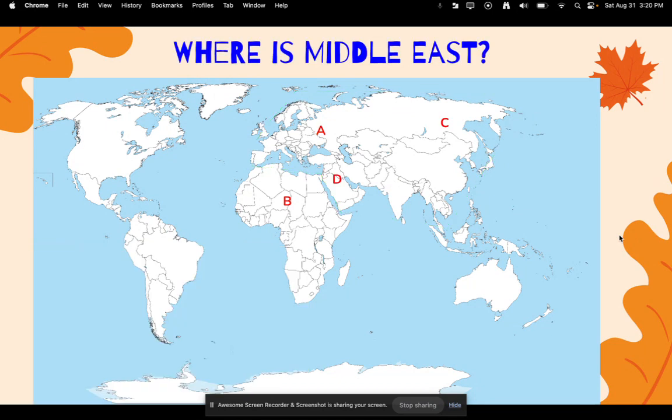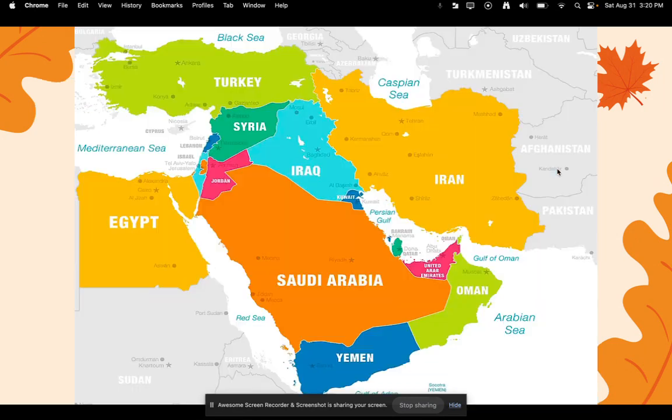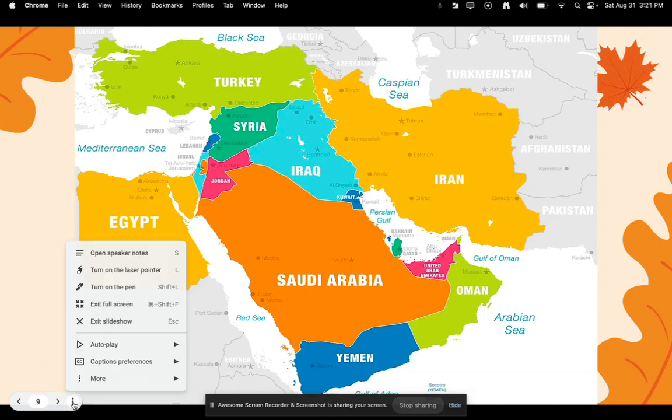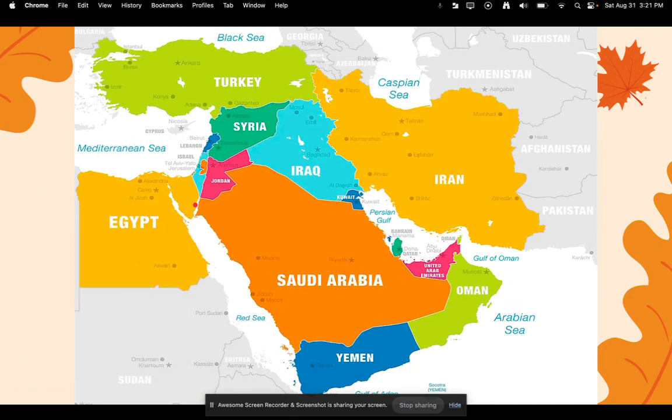Here's another good question. Where is the Middle East? That's right. The Middle East is going to be right here in the center of our map. Here's a more zoomed in view. The Middle East is very important, especially when we talk about ancient history, because a lot of the most ancient human civilizations are located within the Middle East.